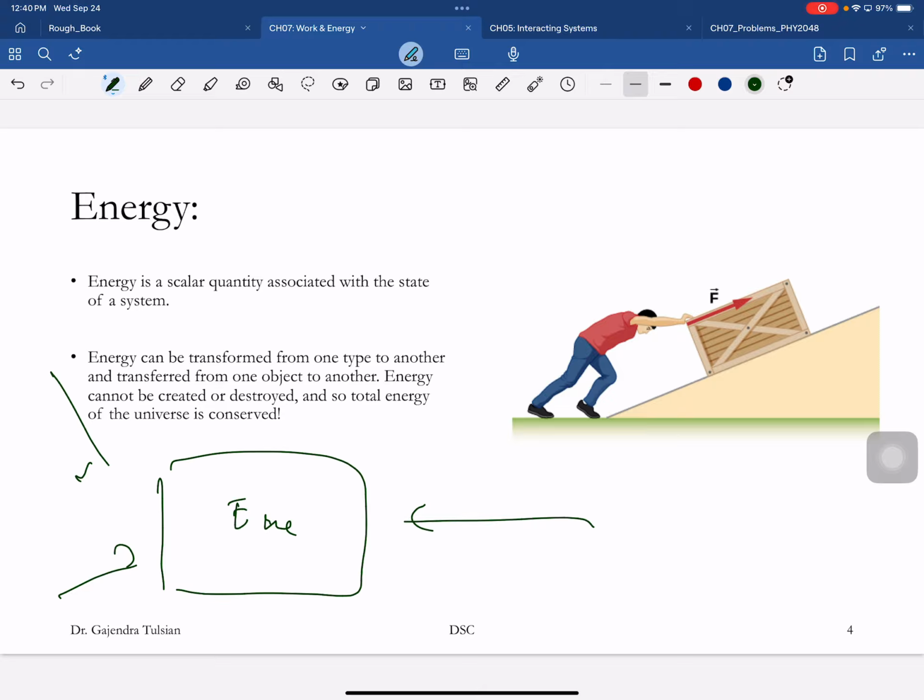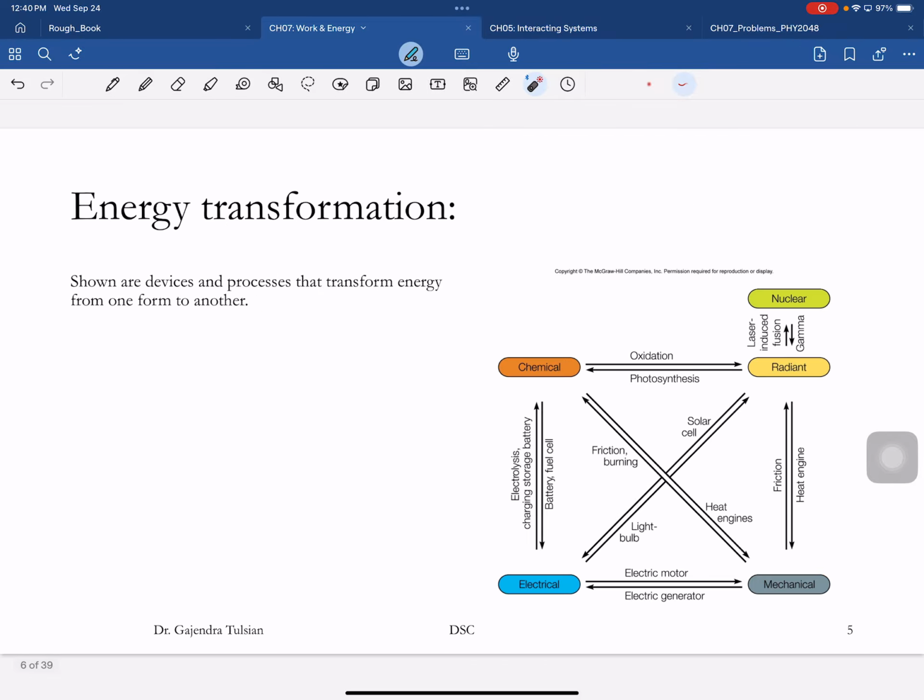So the gas in this room has a certain amount of energy, and the history of this gas doesn't matter for how much energy it has. Energy cannot be created or destroyed. Again, the total energy of the universe is conserved as far as we know.